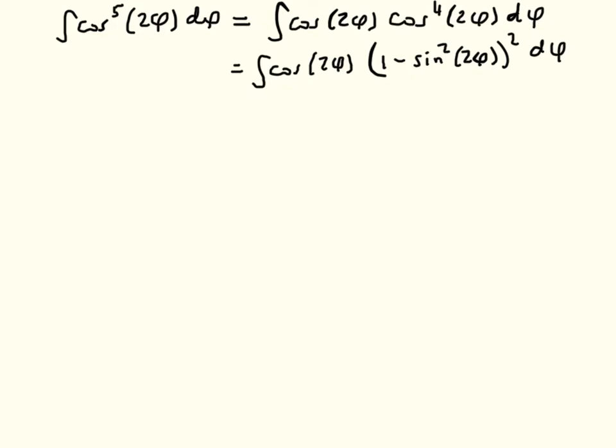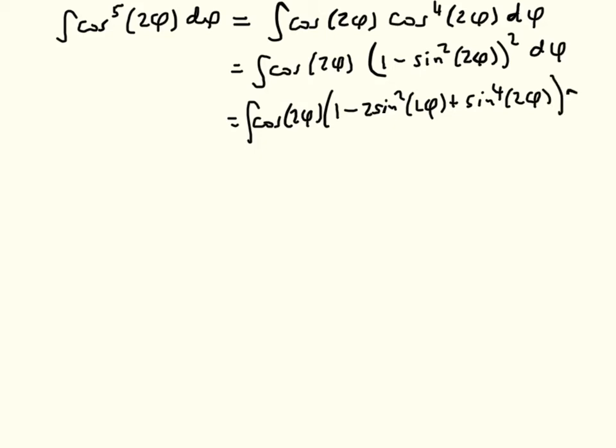So now we expand the brackets and we obtain the integral of the cosine of 2 phi times 1 minus 2 sine squared of 2 phi plus sine to the 4th of 2 phi, close brackets, all integrated with respect to phi.